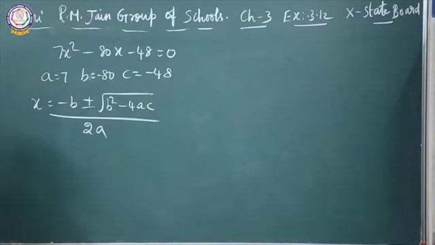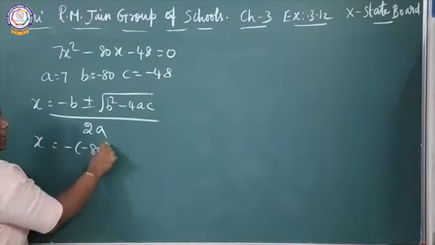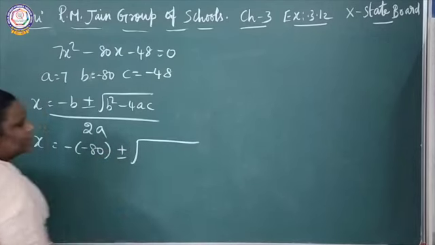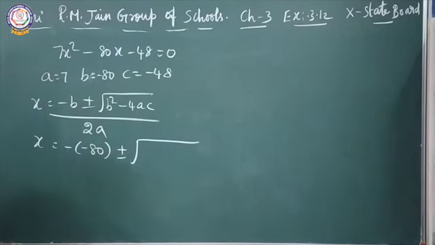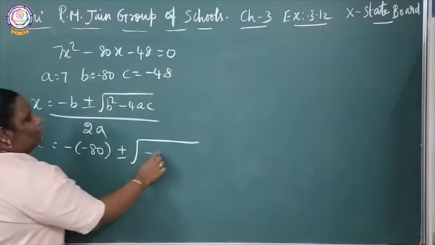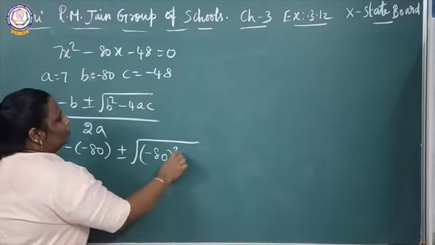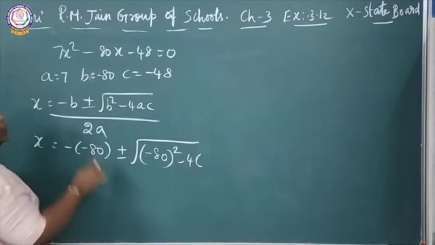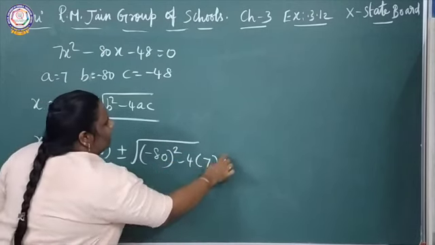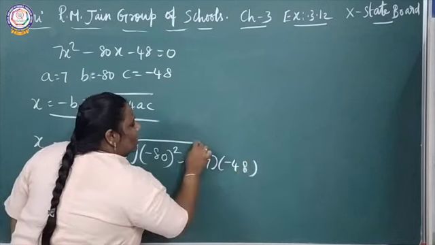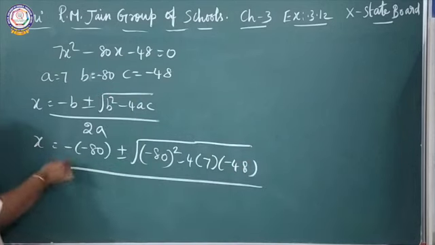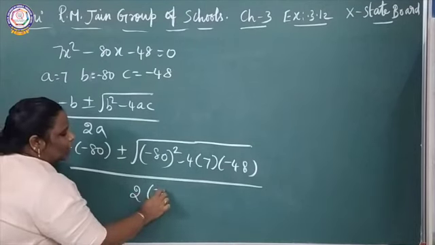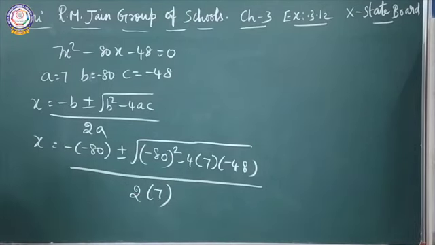You can substitute the values. x equal to minus of minus 80 plus or minus root of minus 80 the whole square minus 4 into a value 7 and c value minus 48, by 2 into 7.